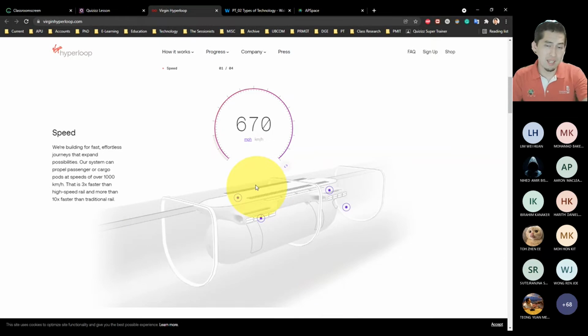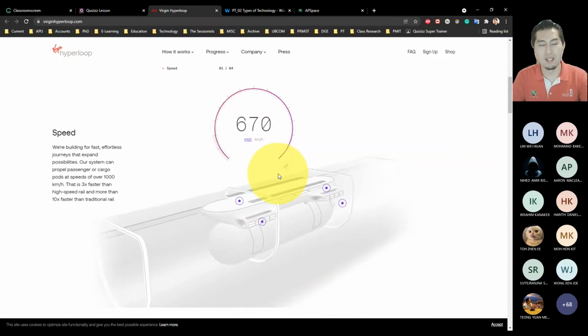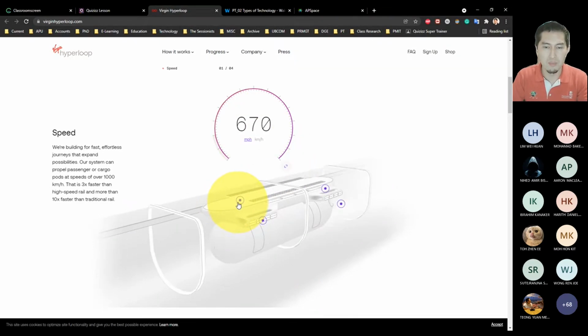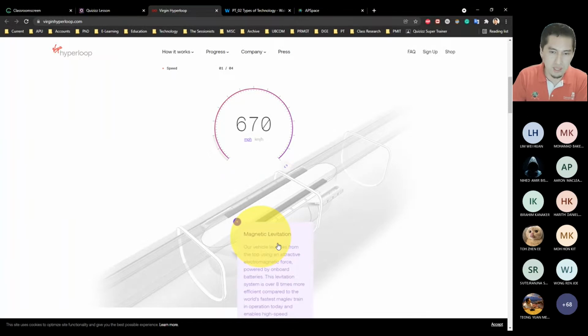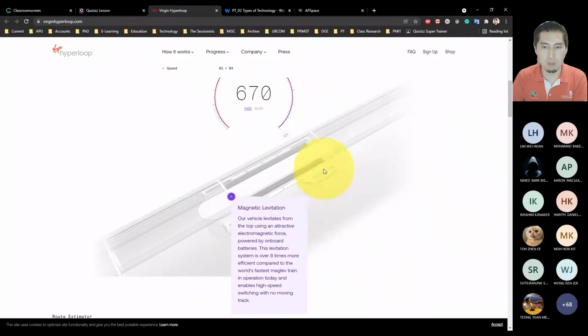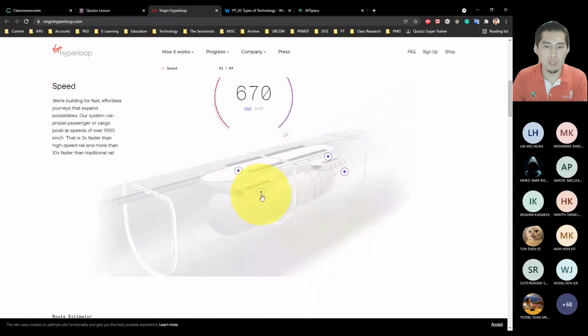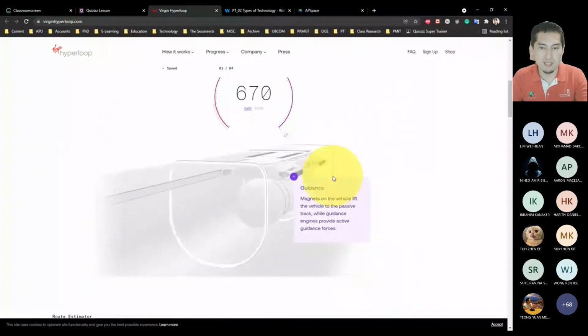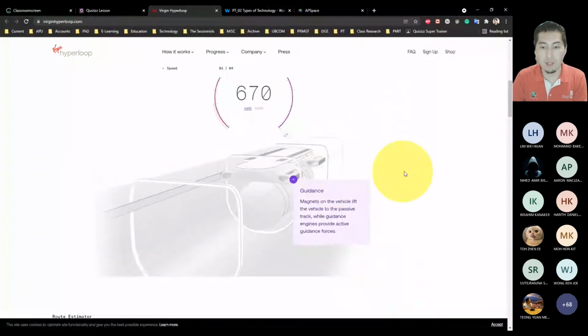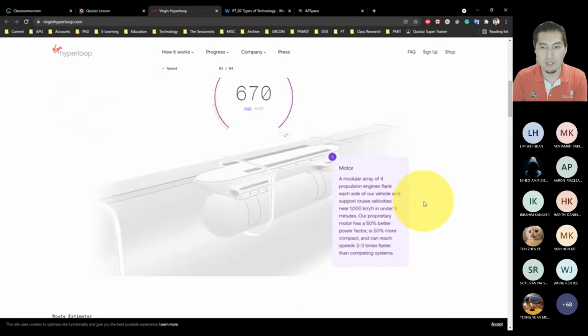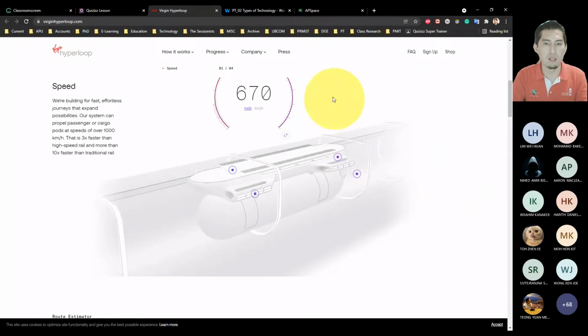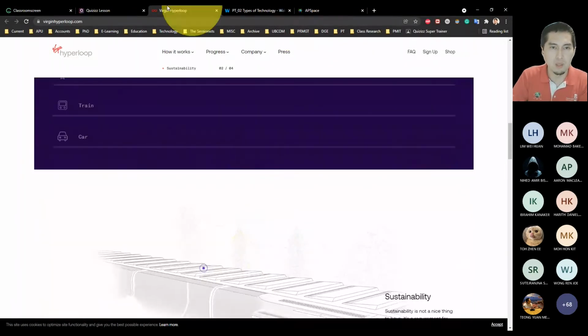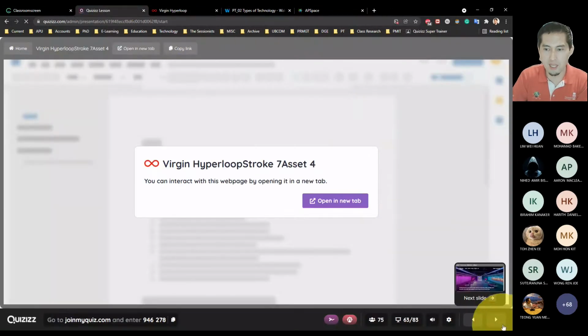It is traveling at a very crazy speed overall, all right? So as you can see, it uses magnetic levitation to basically move. There's a lot of those aspects, and I think sites like this is the one that easily gets you to be quite interested as well, because there's quite an amount of interactivity for you to look at. So I'm just sharing that with you so that you can look at that site.